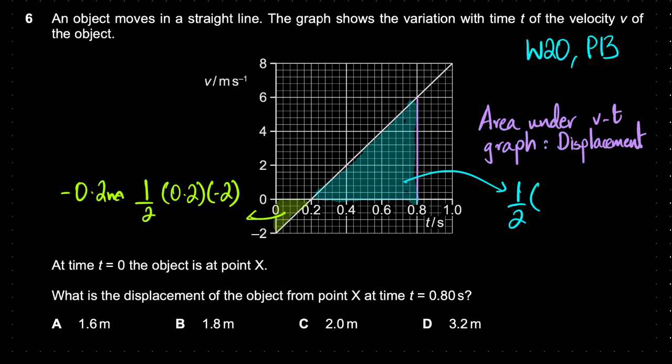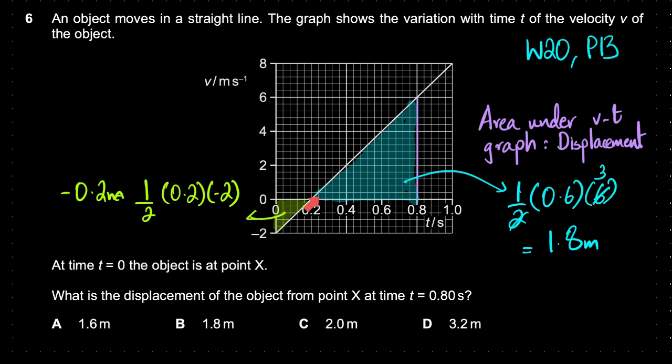So half, and I need this length: 0.2 till 0.8 is 0.6. And the height is from 0 till 6. So 0.6 times 3, that is 1.8 meters.